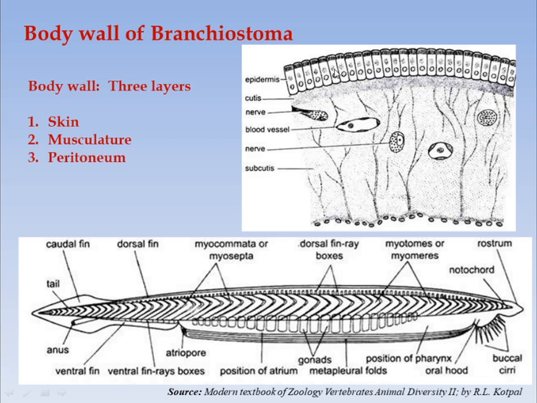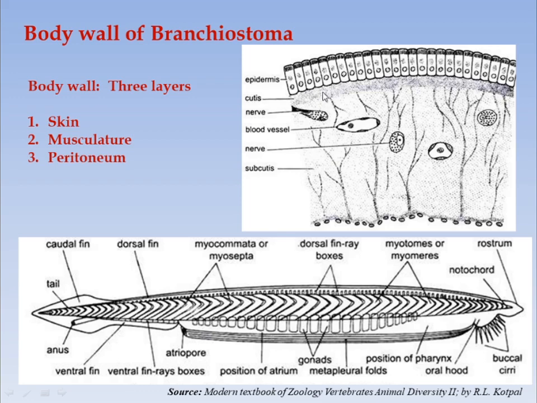Now immediately beneath the epidermis, there is a very tough, thin and compact fibrous connective tissue layer which is called cutis. This is the epidermis. Just below this, you can see the dotted and dark structure which is called cutis. And under the cutis there is a thick spongy structure, from here to here, which is the subcutis.